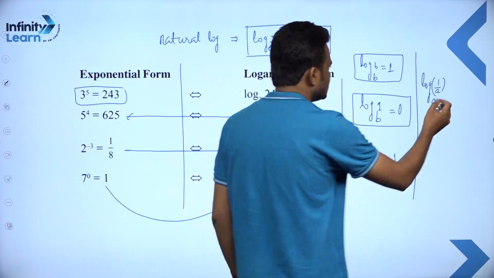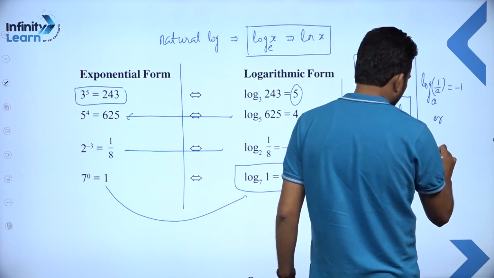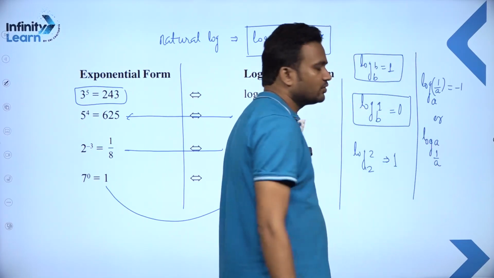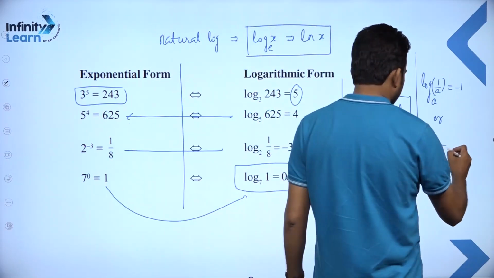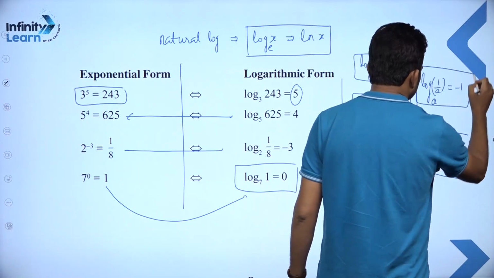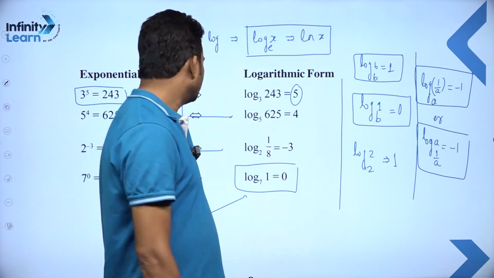So the answer is -1. Or also we can write, what is the value of log a 1 by a. If these two things are reciprocal, then the answer is always -1. So these are the basic formulas that you should know. We have some more formulas, we will see later.